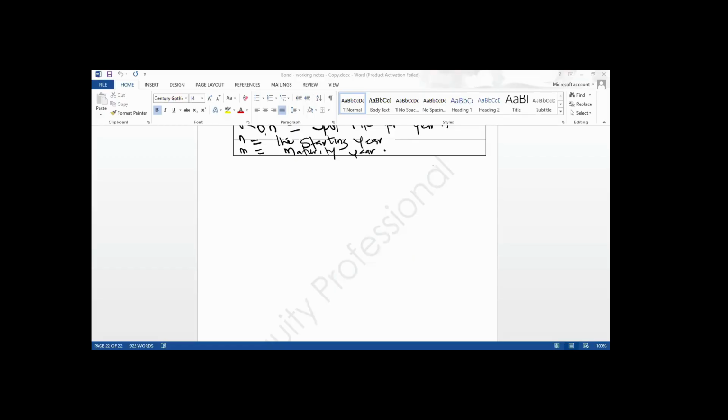We can also calculate spot rates on coupon paying bond through a process called bootstrapping.